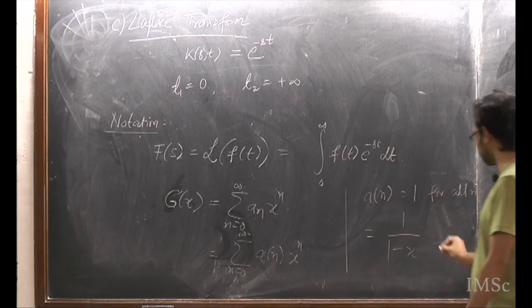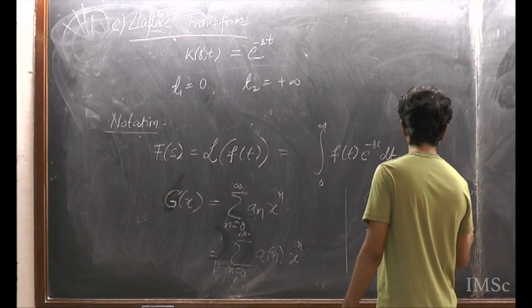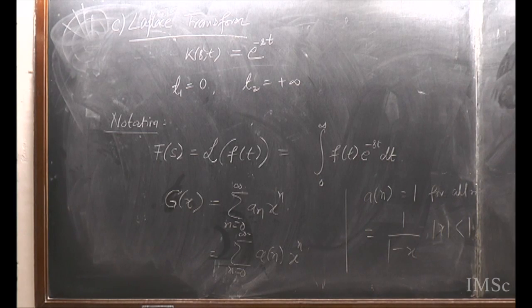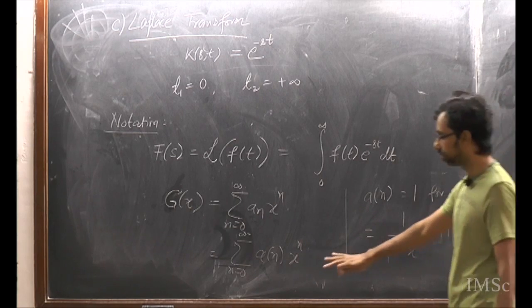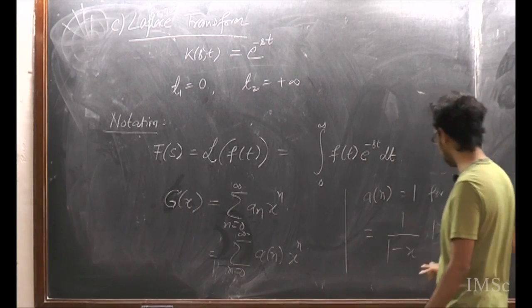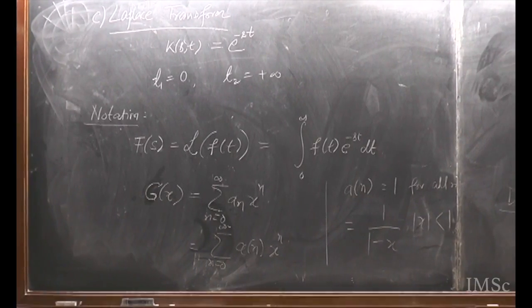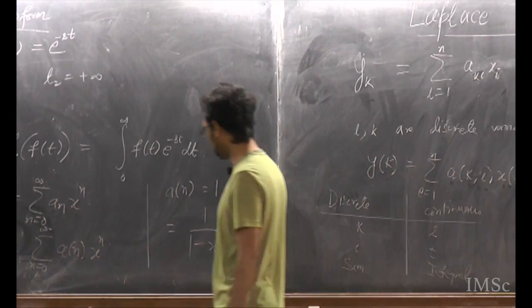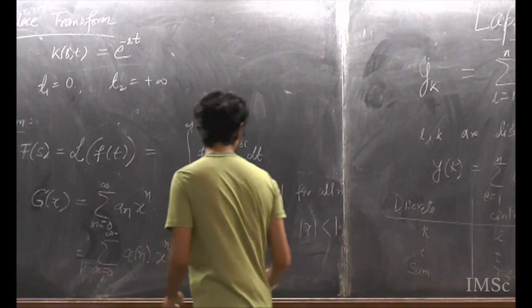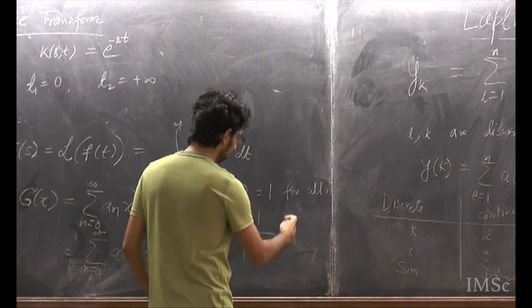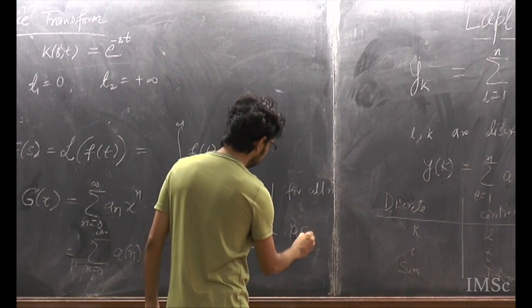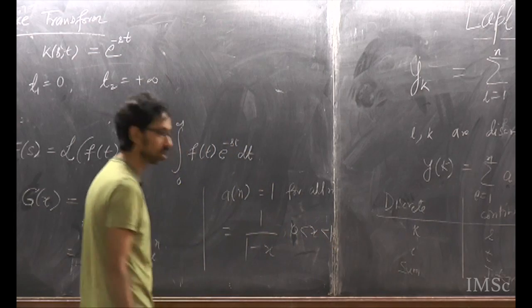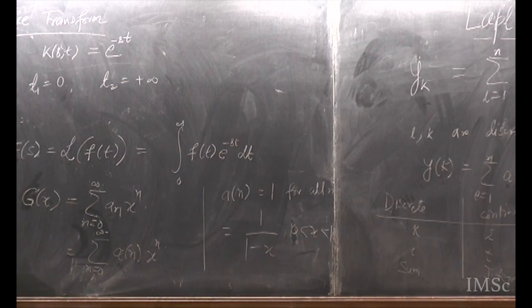Right, so mod x must be less than 1. So you see that you can hope to have a convergent series as long as mod x is less than 1. So let me restrict even to 0 less than x less than 1. We want something positive. Okay.